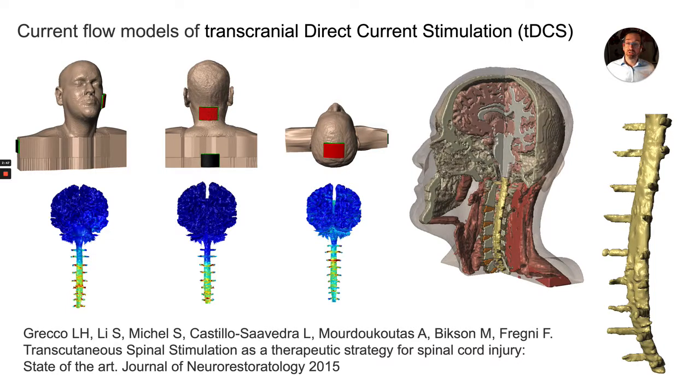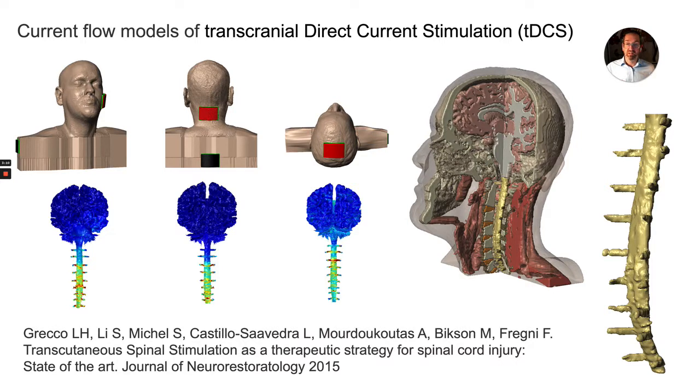And so ourselves and others have specifically modeled transcutaneous direct current stimulation, or more generally, transcutaneous electrical current stimulation. And a lot of this work has derived from our prior work modeling transcranial direct current stimulation. So these are models here specifically of transcutaneous spinal direct current stimulation.